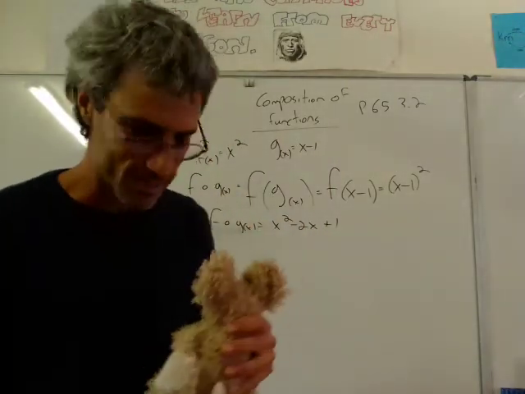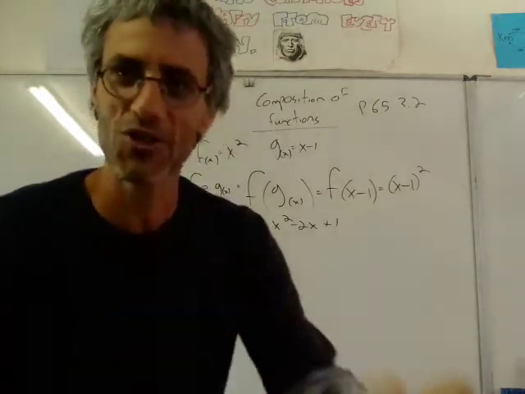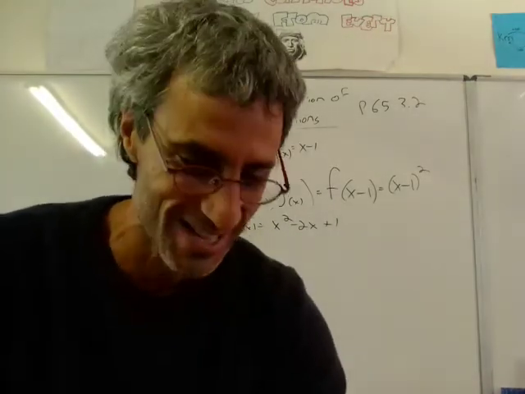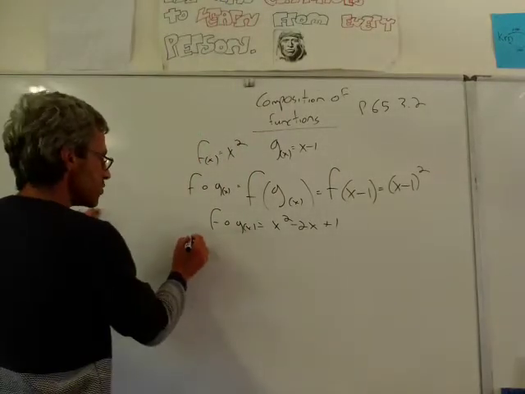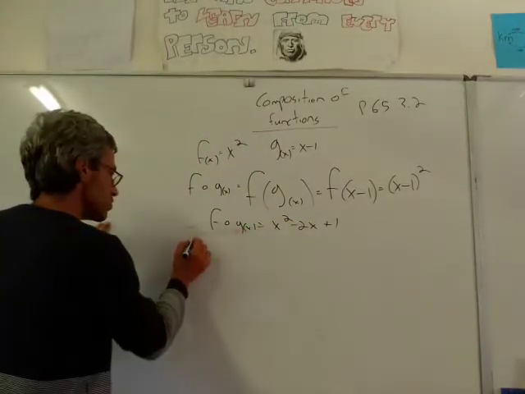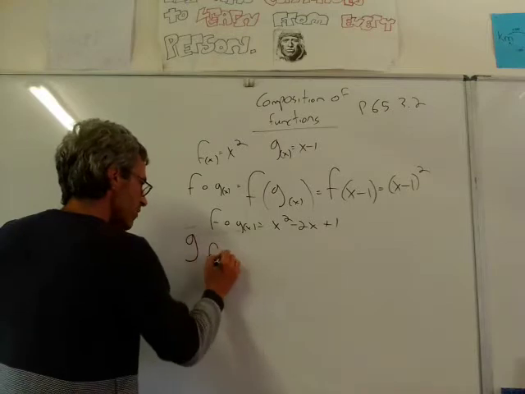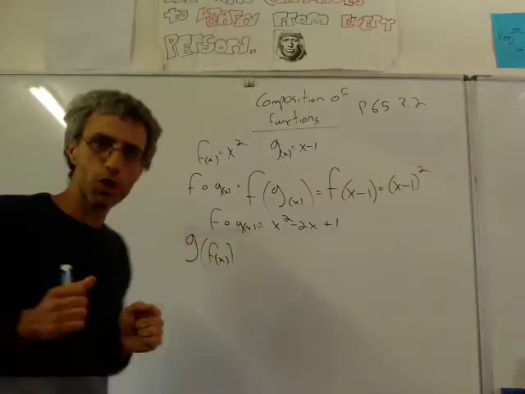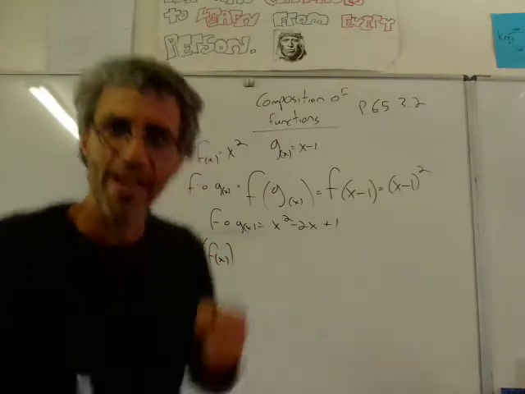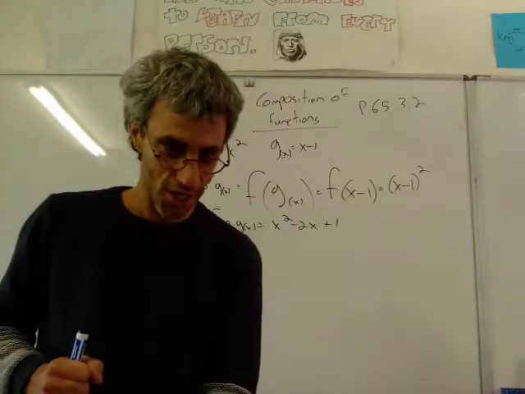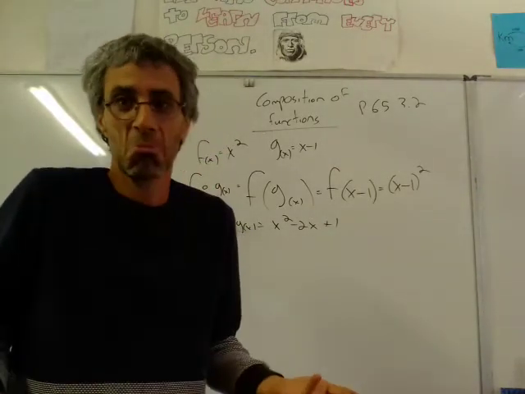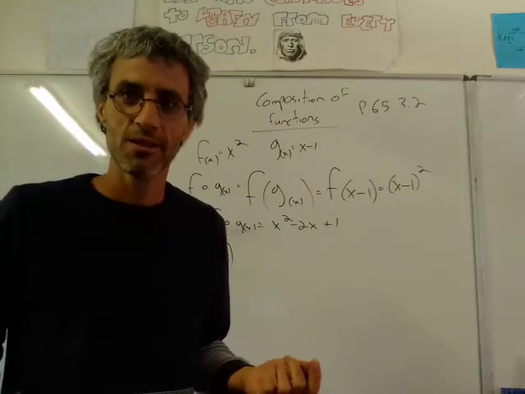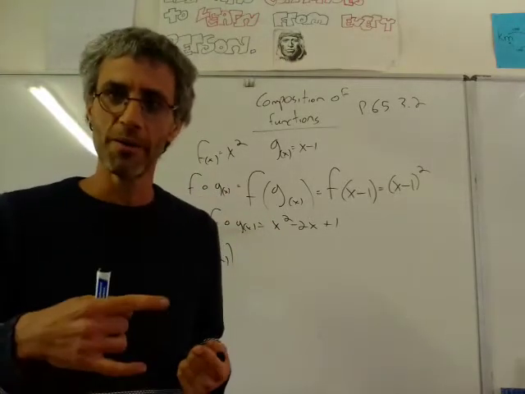So what about if we do, instead of f of g of x, g of f of x? So first of all, we operate f, and then we operate g. Is it going to be the same thing? I don't know. What do you think? Does it matter what the order is? Let's try.